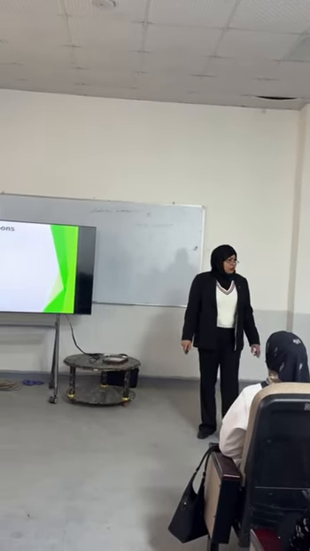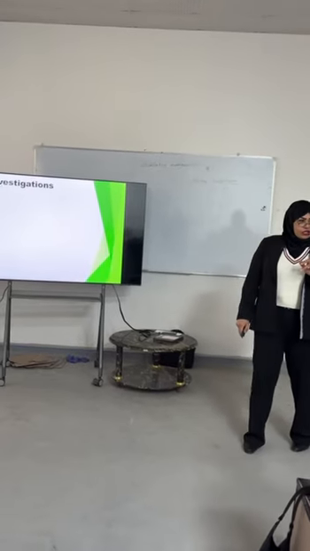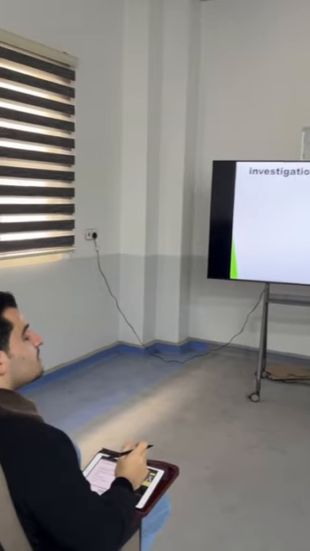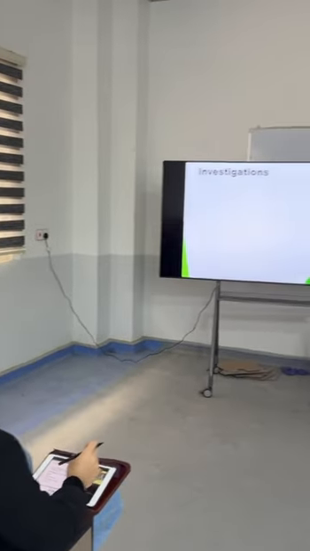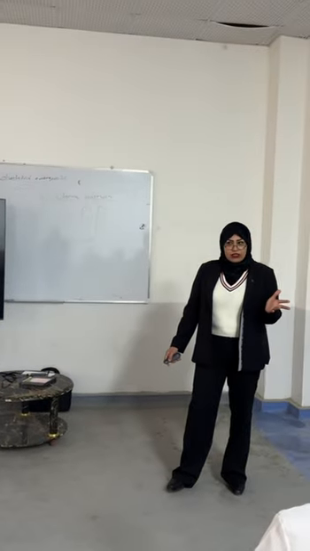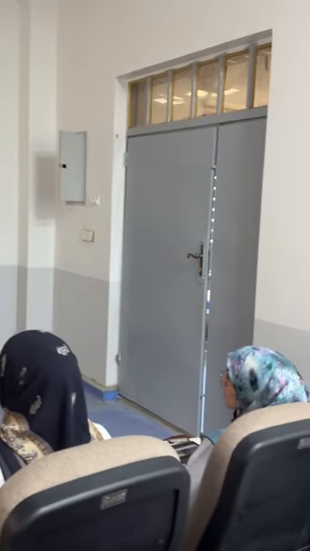The investigation. Which type of investigation will we do? First of all, general urine. Excellent. And this includes lab investigation. Lab investigations like general urine, CBC, regarding the urinary system.